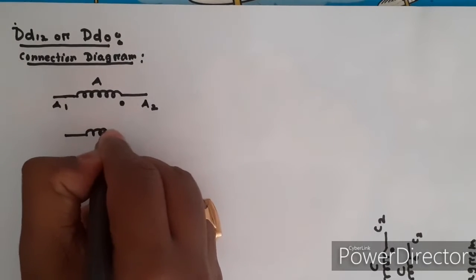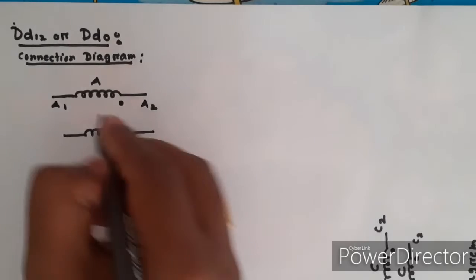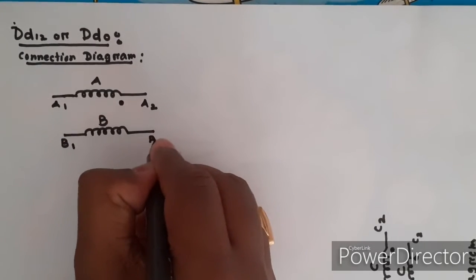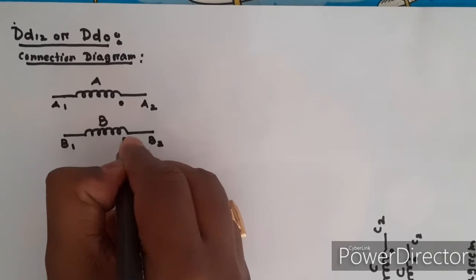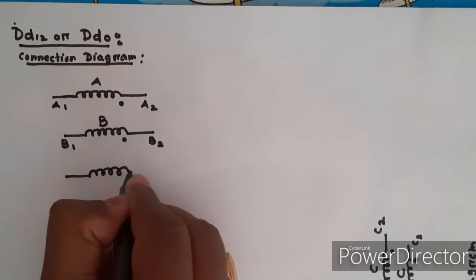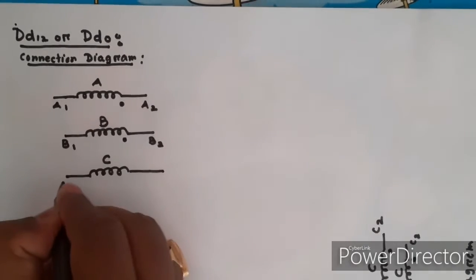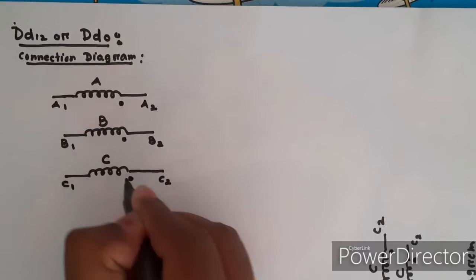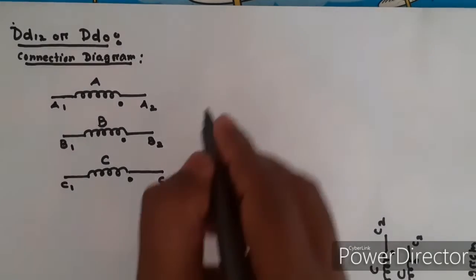Then you draw B phase, starting B1, B2 and end is dotted, and C phase starting C1, C2, end is represented by a dot.